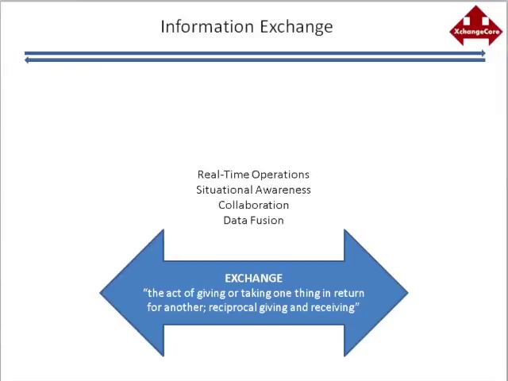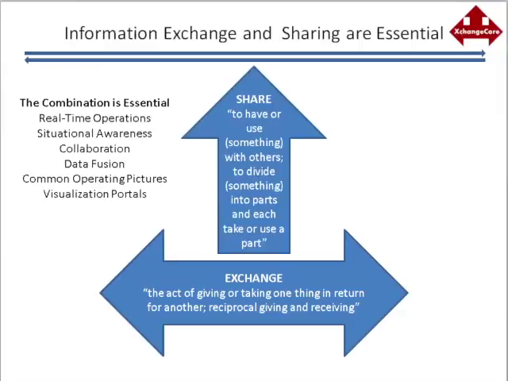If we go on to the next slide with the two arrows, the combination of these is really what's essential and what UCIDS has been developing for all these years.